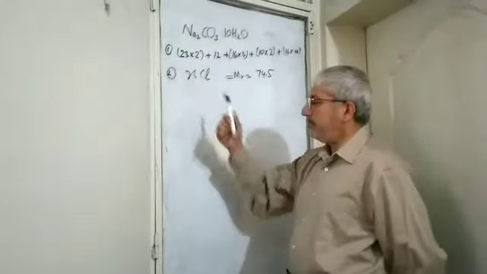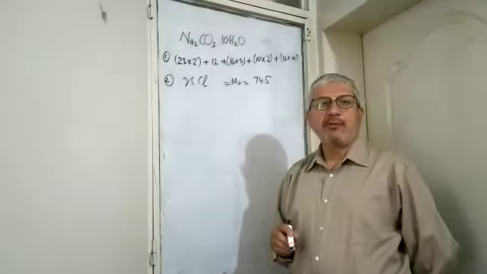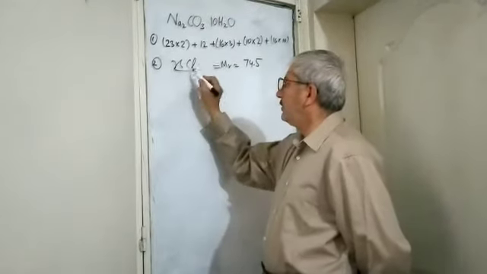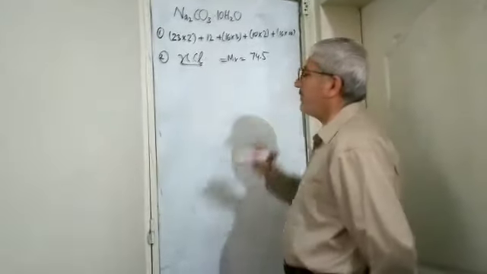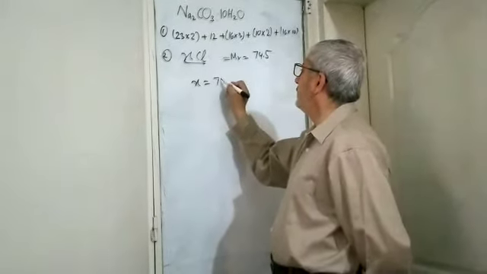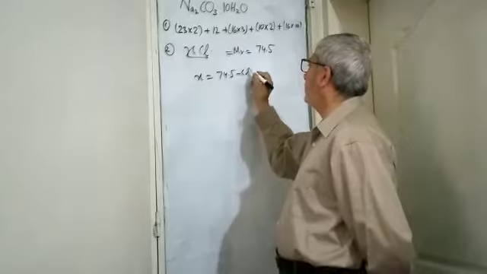How will you find the atomic mass of X? It's rather very easy. The total X plus Cl is 74.5. What will be X? X will be 74.5 minus Cl.